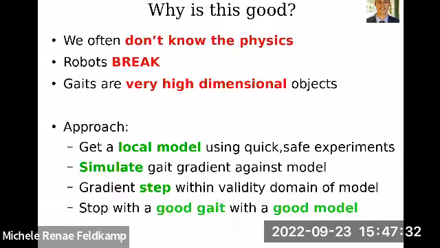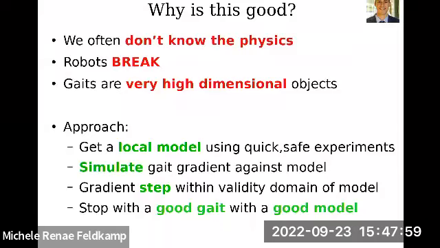And here's why this is really good, because we often don't know the physics of the robots we work on, or the animals. The robots break. And if we try and study gaits, which are basically these trajectories in the configuration space of the robot shape space, those are very high dimensional objects. So if we tried to study things exhaustively, we would be in a lot of trouble.